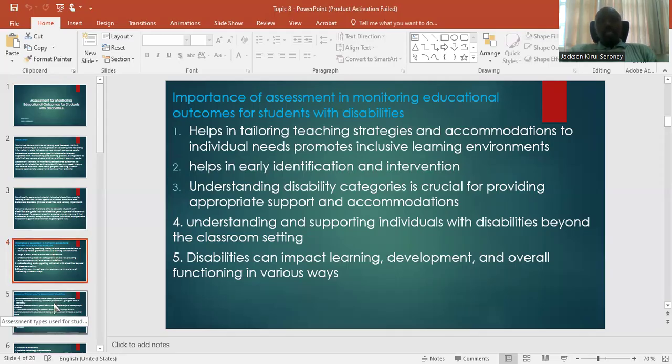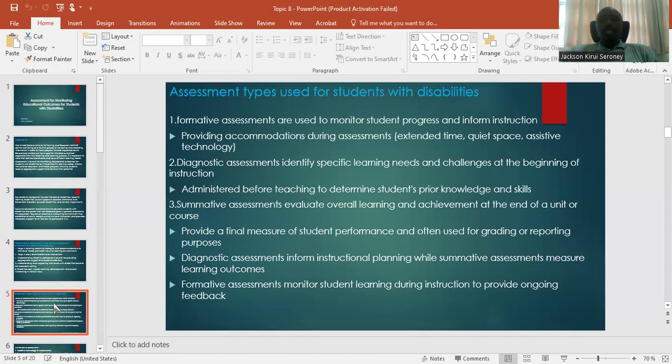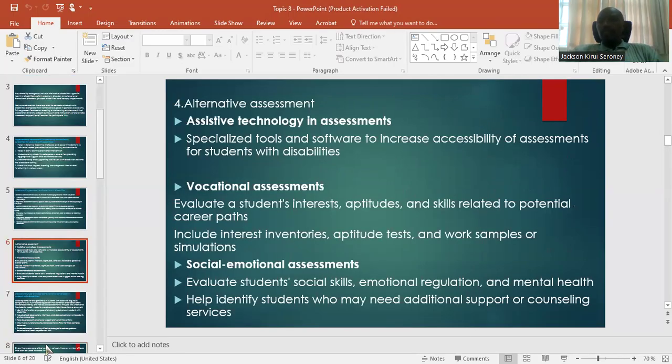Now, another thematic area I want to look at is assessment types for students with disabilities. Other than having the normal formative, diagnostic, and summative assessments, we can also have alternative assessments, like assistive technology in assessment, where we can use tools and software to increase accessibility of assessments for students with disabilities.